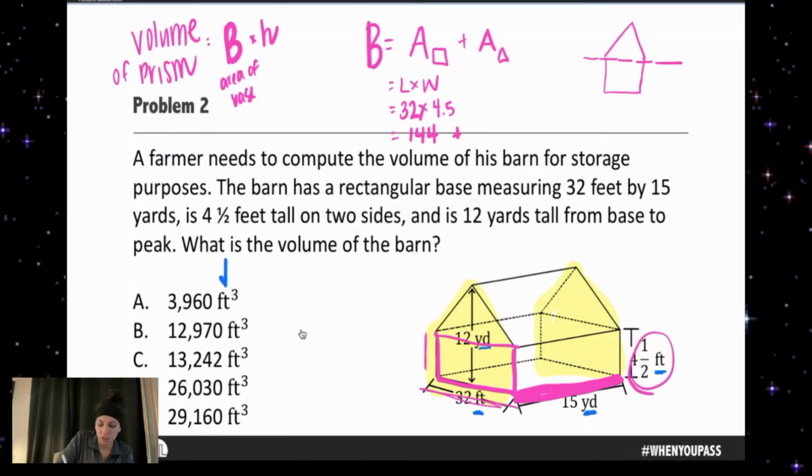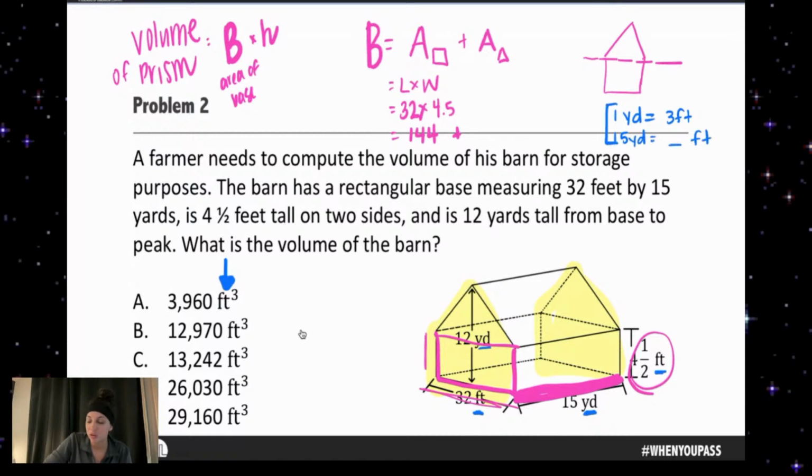Because my answers are all in feet. So, how do I convert yards to feet? 1 yard equals 3 feet. And if you are taking anything GK or above, you likely have a reference sheet that tells you this. So 15 yards is going to equal how many feet?